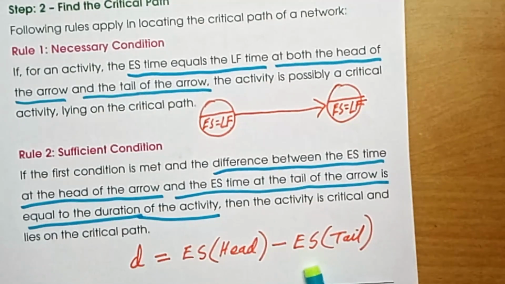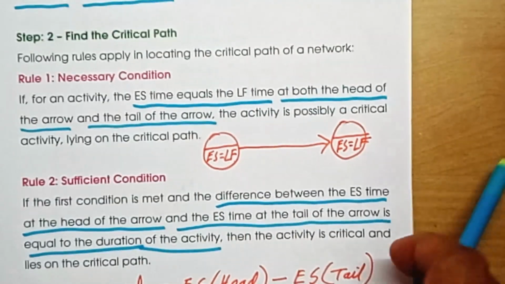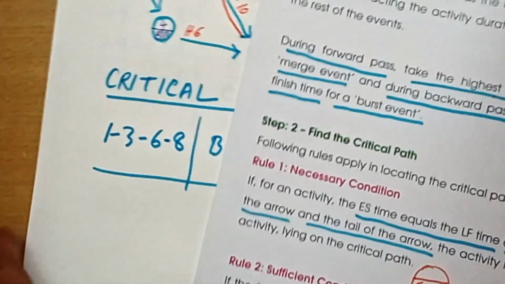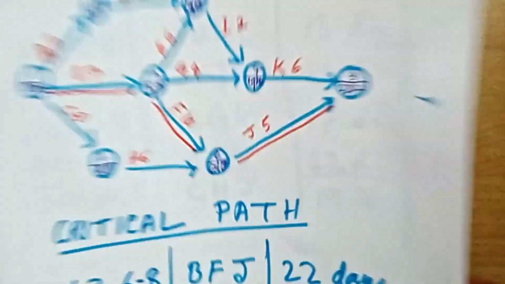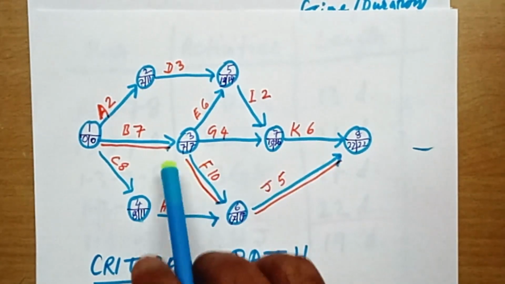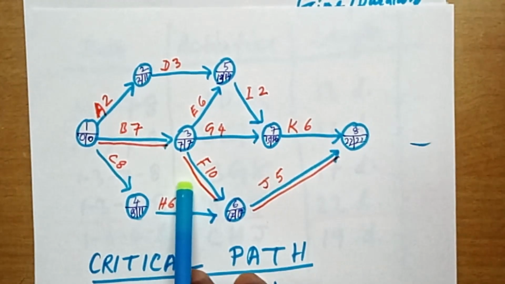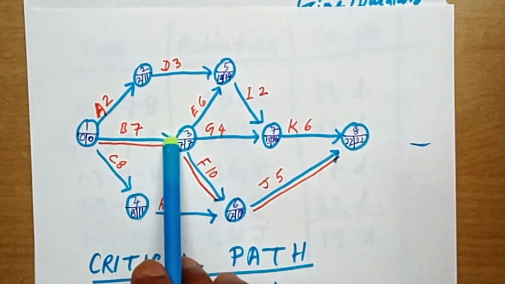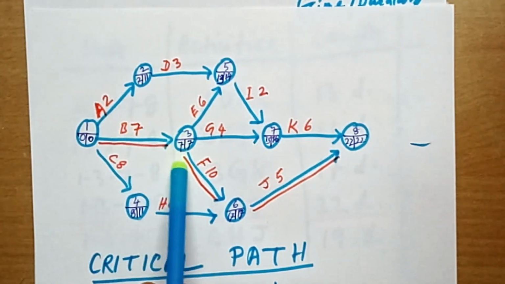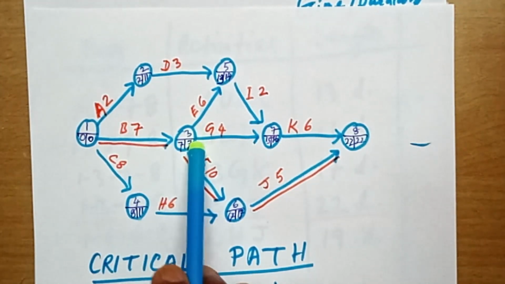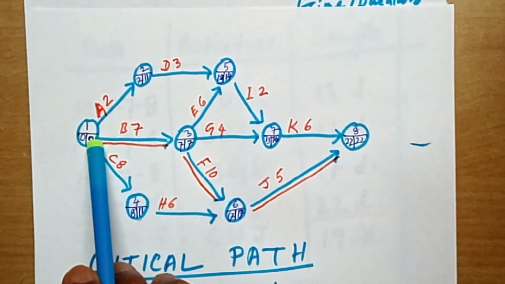So both these conditions have to be fulfilled, and applying these rules we have identified the critical activities. See, these are the critical activities where the first condition holds: earliest start and latest finish at arrow head and tail must be equal. So at the arrow head for this activity, earliest start and latest finish are both 7, and at the tail both are 0.